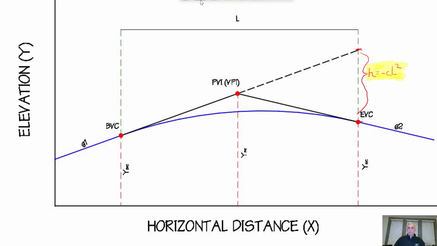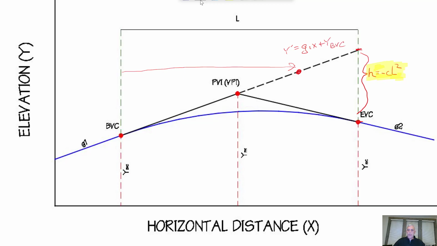And so, firstly, let's consider a point on our tangent line. Can we get that? Well, sure. We've already said we can get, let's call that y prime of some horizontal distance x along our tangent line equals our slope G1 x plus y BVC.